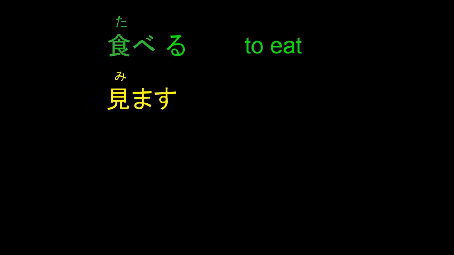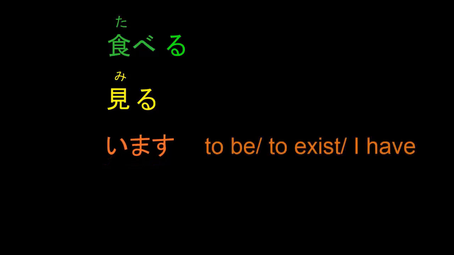Let's have a look at another important group 2 verb which you can simply remember, and that is mimasu. Let's turn it into its verb stem by removing the masu and replace that with ru, and we get miru, the plain form of mimasu, to see. Another important group 2 verb is imasu, which means to be or to exist.